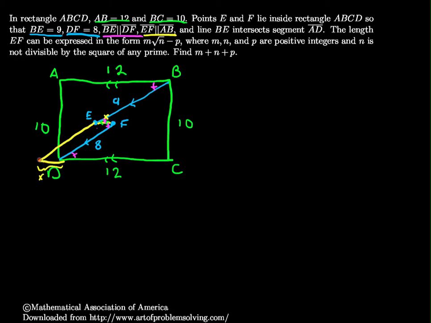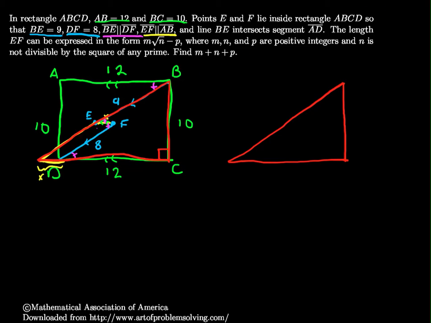Which means I have a right triangle that I'm going to highlight here in red. It's right because it comes into a corner of a rectangle. Let me draw this to the side so we can see more clearly what this means for us. So here's my right triangle again.